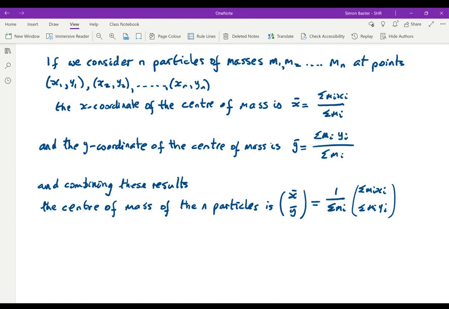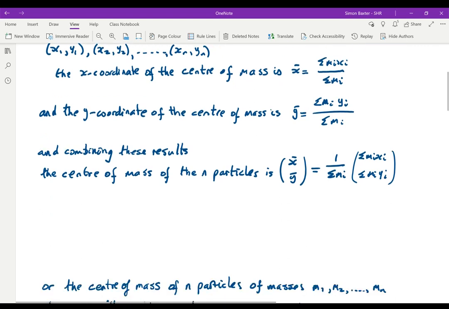Combining these, the center of mass of the n particles is the vector x bar, y bar, which is 1 over sigma mi times the vector sigma mi xi, sigma mi yi.